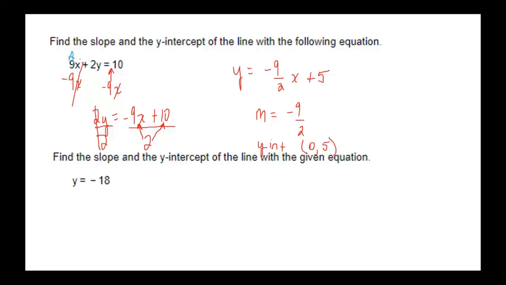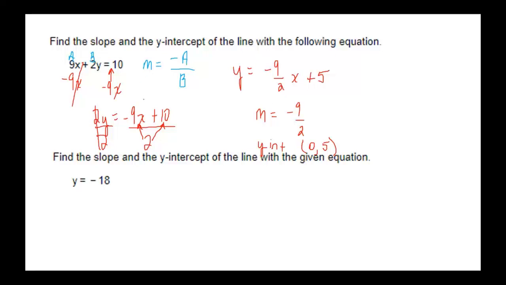If you think about that as ax plus by, the slope, not just this time but always when it's in that form, ends up being the opposite of a, because when you bring it over, it changes the sign, divided by b. So the opposite of 9 divided by 2 is negative 9 over 2, and I wouldn't have had to do all that writing in red.